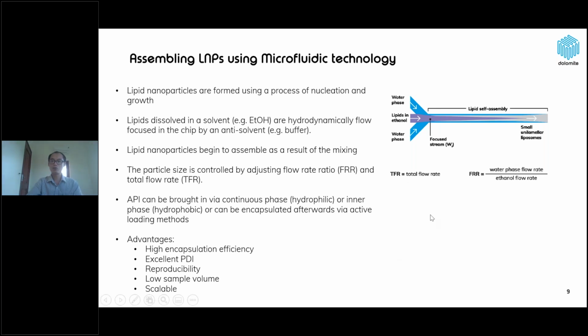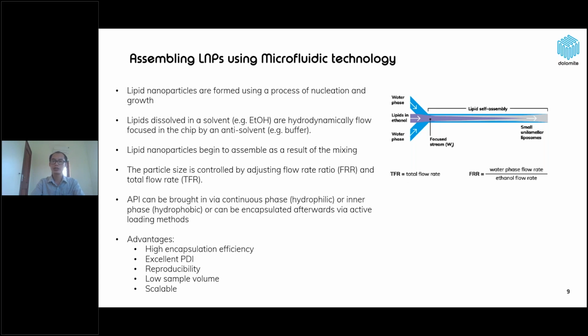For encapsulation, the API can be brought in the continuous phase for hydrophilic APIs or at the interface for hydrophobics, or it can be encapsulated afterwards through active loading methods, as in the traditional method.